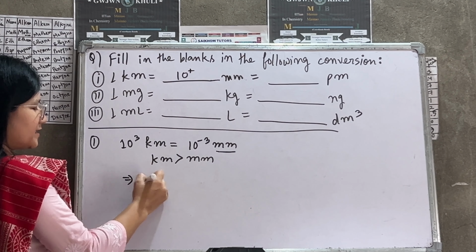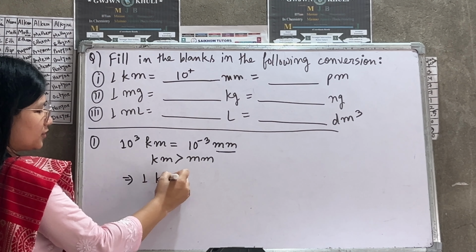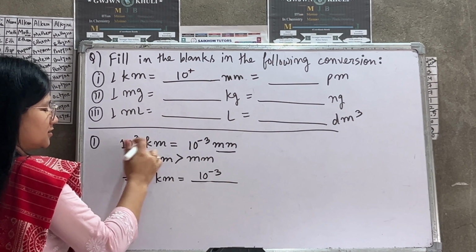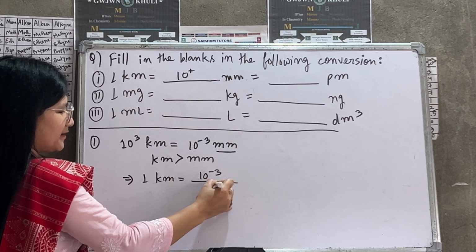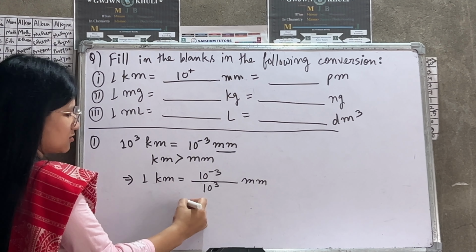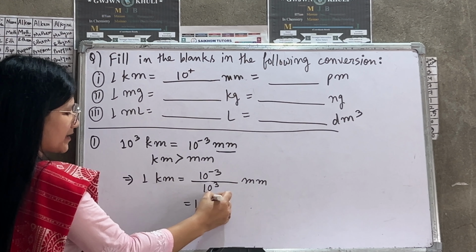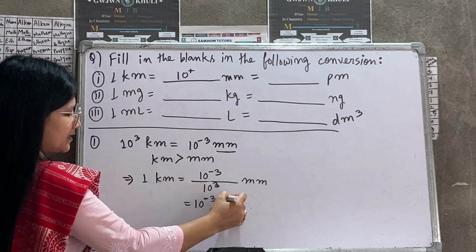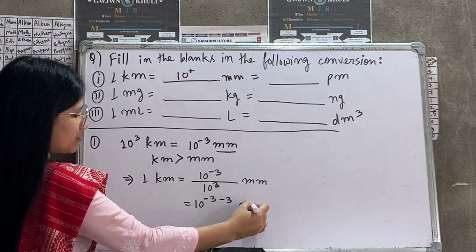By putting that into 1 kilometer, what happens is that 10 to the power 3 is divided by 10 to the power minus 3 millimeter, and when we solve this, the minus 3 goes up and becomes negative.